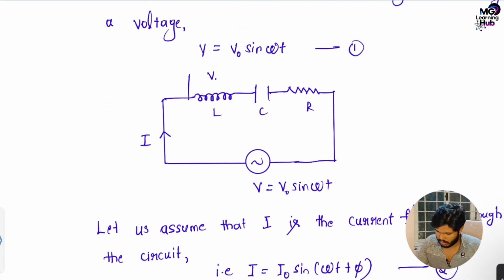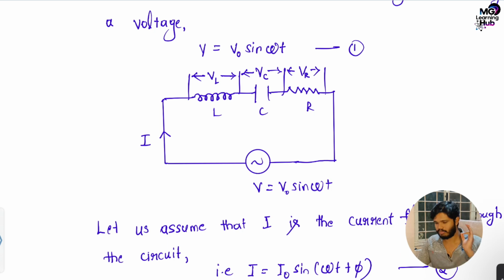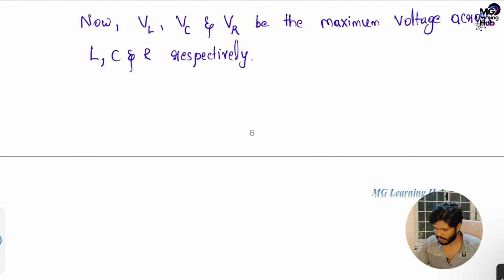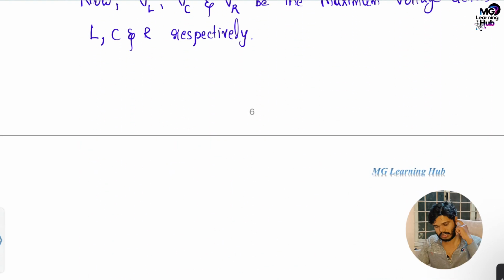This is across inductor there will be a potential difference of VL, and across capacitor there will be a potential difference of VC, and across resistor there will be a potential difference of VR, and I am taking a maximum voltages. Done. Peak voltages na ತಗೋತಾ ಇದೀನಿ.